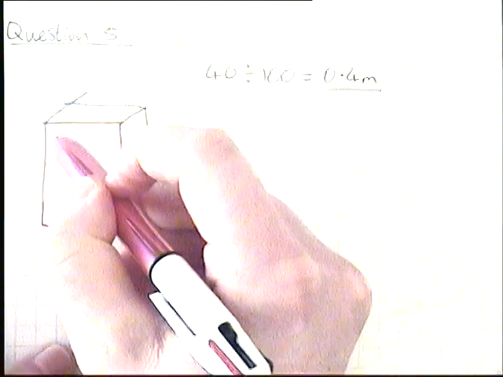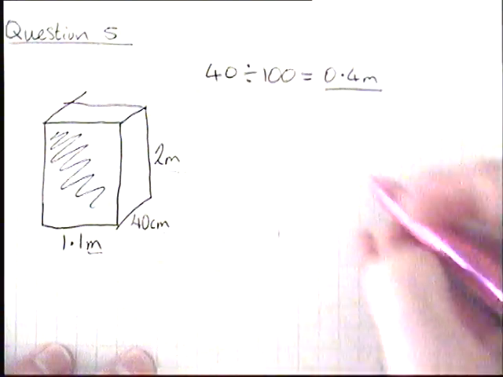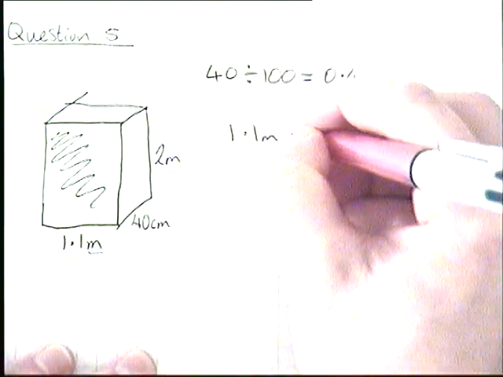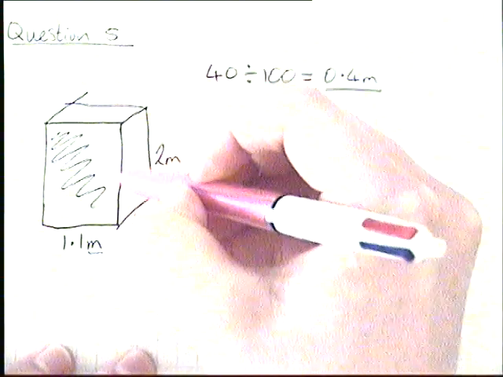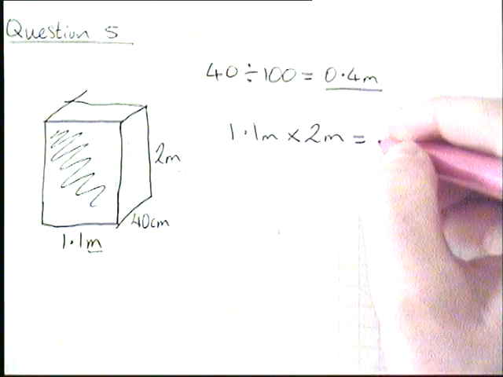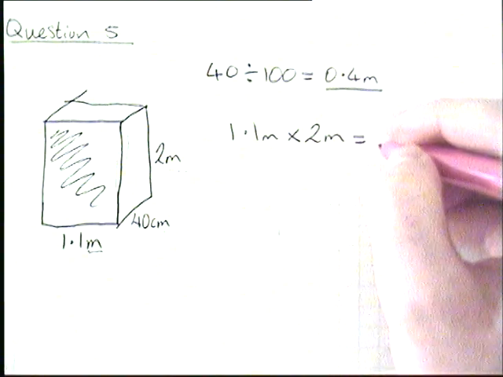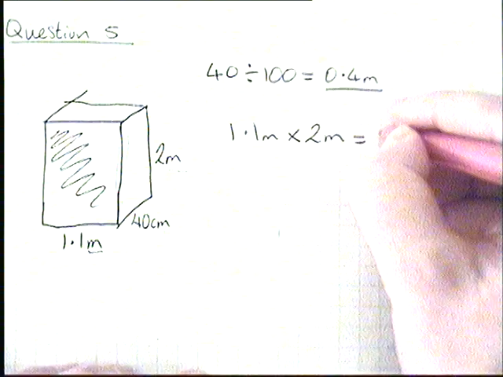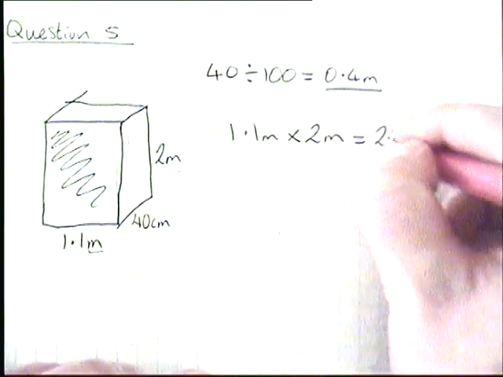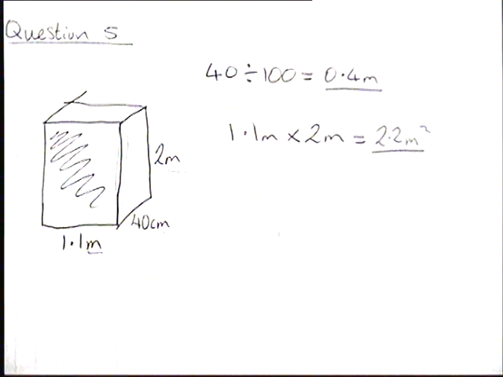Now we're going to find the area of our cross section. So this front face here. So we've got 1.1 meters multiplied by 2 meters to leave us with 2.2 meters squared, because it's the area of our cross section.